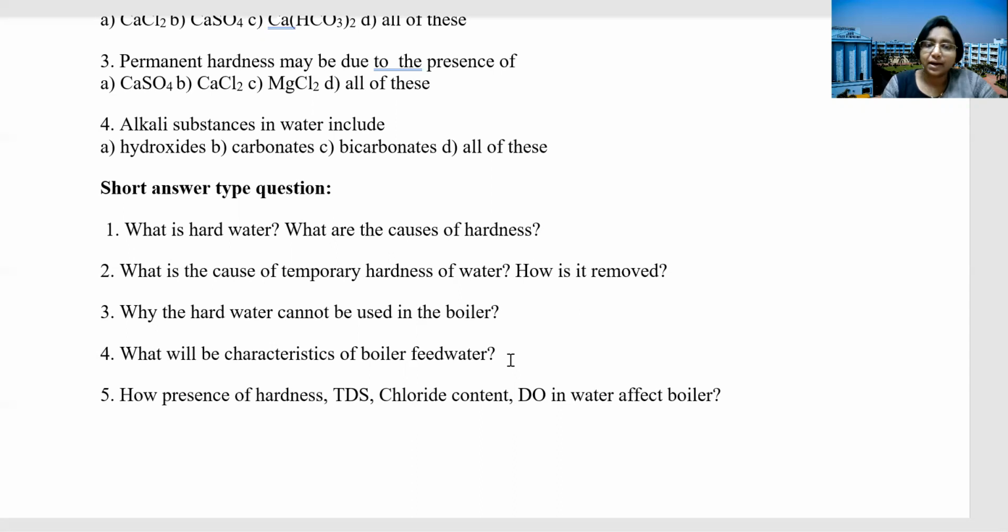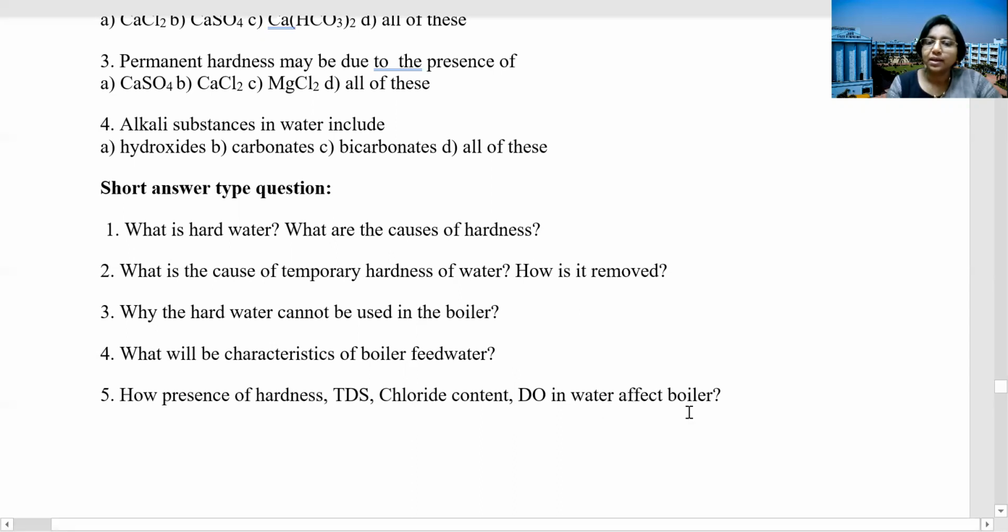How does the presence of hardness, TDS, chloride ion, dissolved oxygen in water affect the boiler? It is a similar question, just the parameters are mentioned. One by one you have to discuss how TDS will be harmful, and what harm will take place if the TDS is very high. If the chloride ion is very high, how will it corrode?